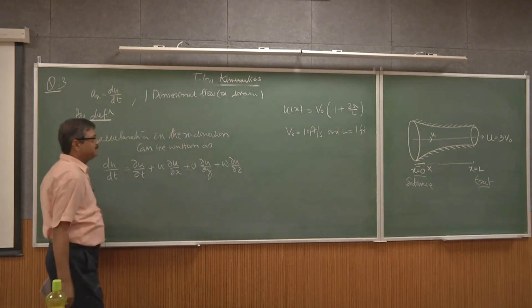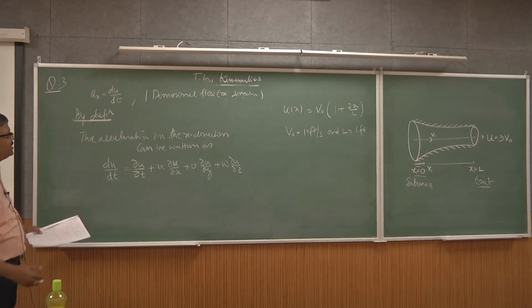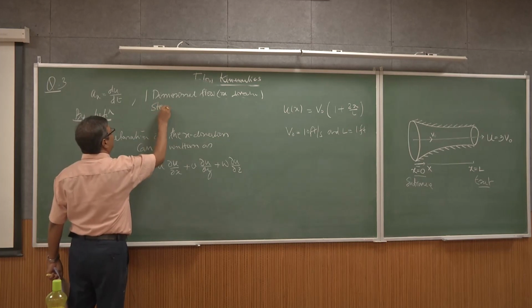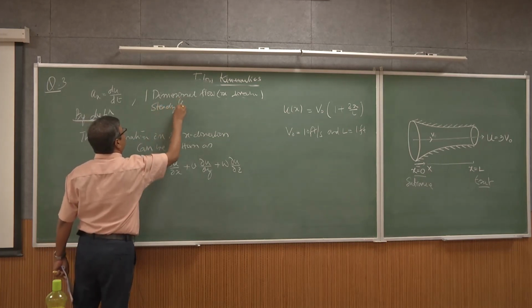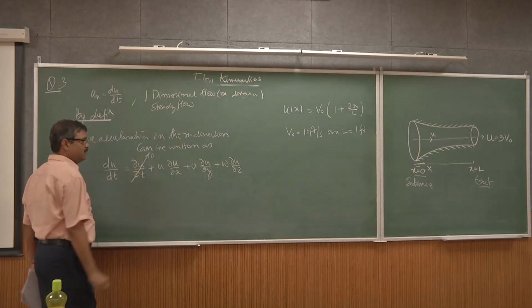But if you look at these problems, which components can be neglected? As it is a steady flow, there is no time component, so we can make this equal to 0.